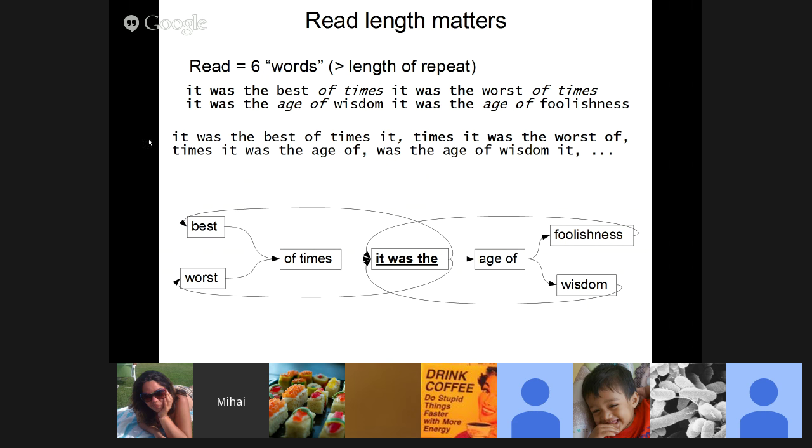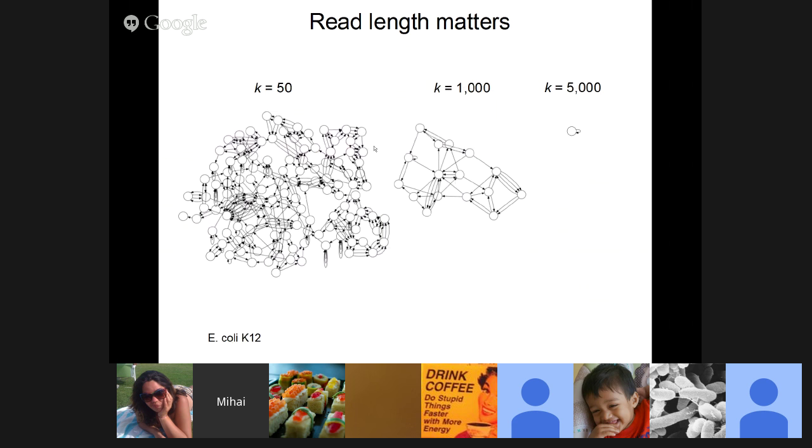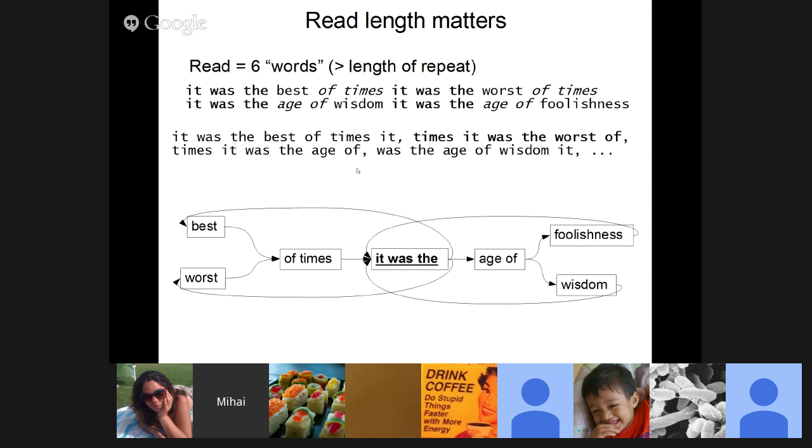If I have these longer words that are now 6 words in length, I can immediately figure out exactly what the correct string is, because as soon as I see "it was the best of times it", I know that I have to start here and follow it, and so I'm essentially resolving this ambiguity coming out from "it was the" in 3 different directions. So the assembly becomes much easier.